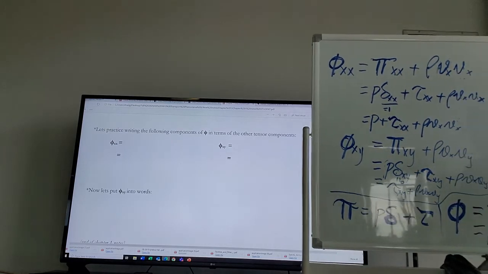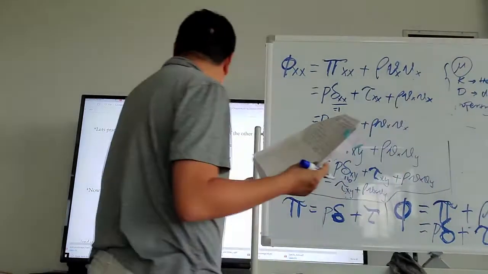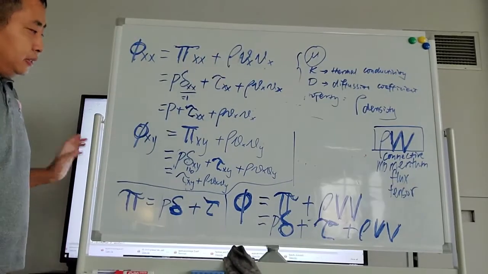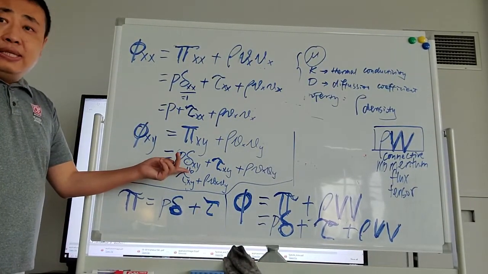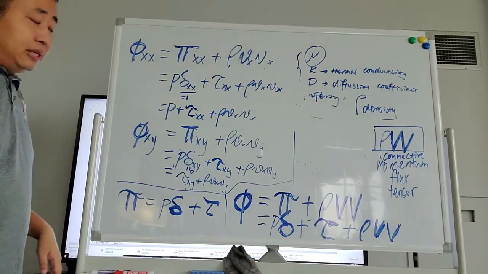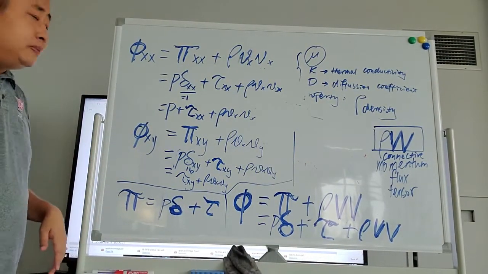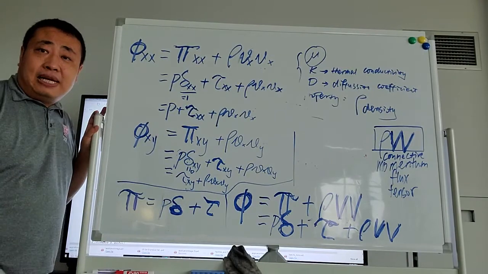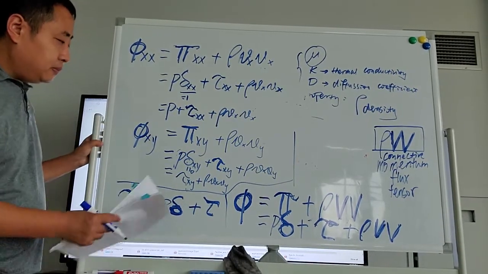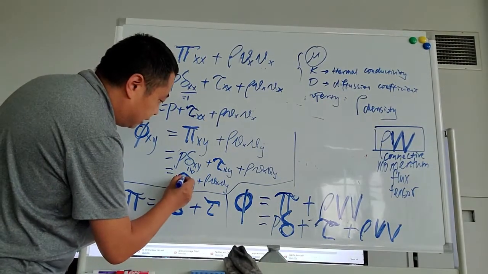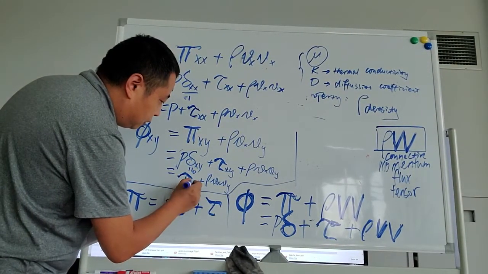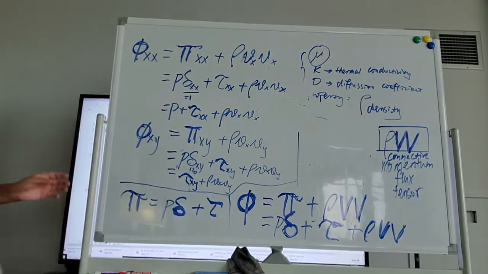Okay, now check your answer. This is phi xy, because delta is 0 since i is not the same as j. So this is what we have for phi xy.